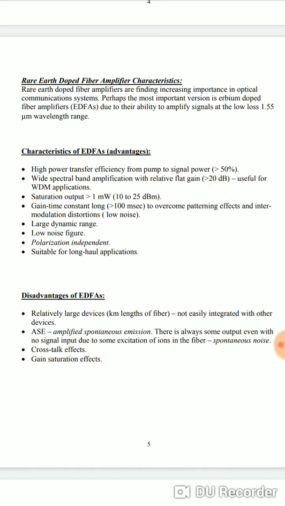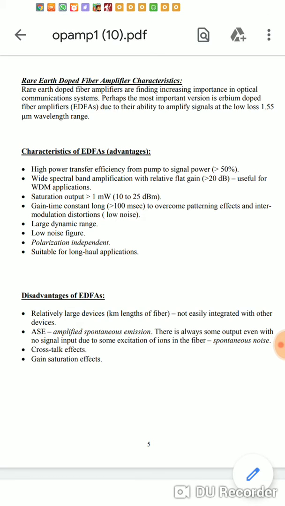Perhaps the most important version is the erbium doped fiber amplifier, EDFA, due to its ability to amplify signals in the low loss 1.55 micrometer wavelength range. As we have seen, in the range where we get the least losses, 0.8 to 1.55 micrometer, the light can be amplified using the EDFA.